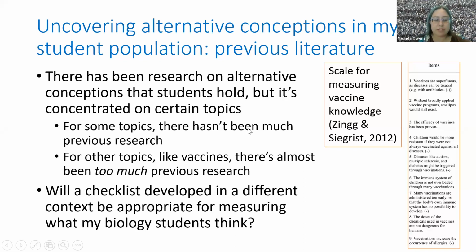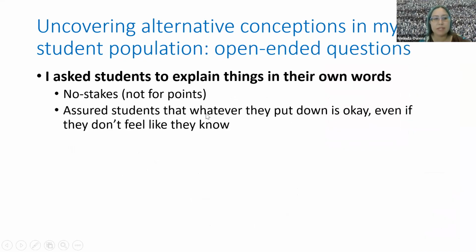If you want to measure what students think and you're not quite sure what they'll say, the best way is always just ask them. Ask them to explain stuff in their own words, to use open-ended questions and get them to say stuff. And if you want students to be honest, you have to make it low stakes. Mine was no stakes. They knew it was part of a research project. I made a point to assure students that whatever they put down is okay.